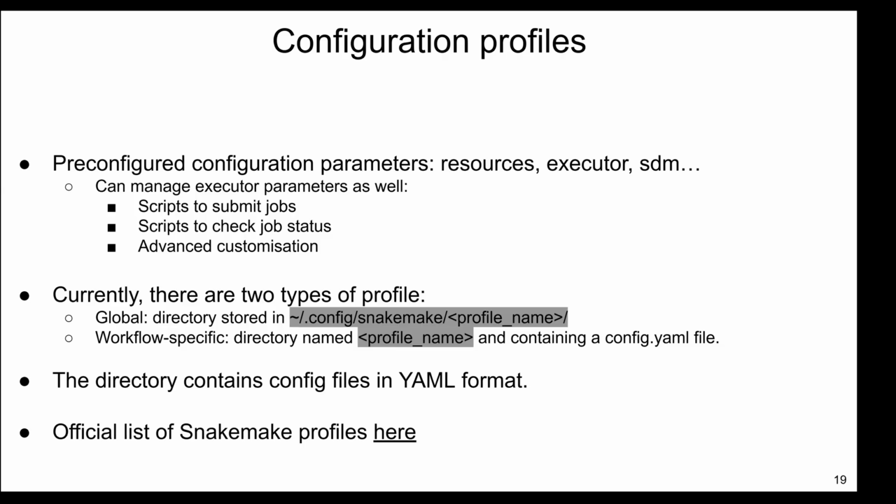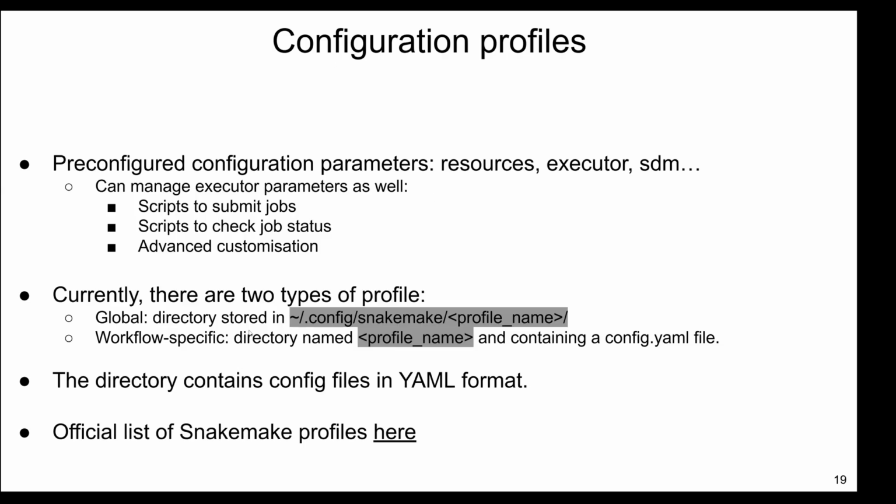There are two types of profile. One is a global profile that sits in the .config/snakemake folder. It will be applied to all the Snakemake workflows. The other one is a workflow-specific profile, and it should be in a folder within your working directory.